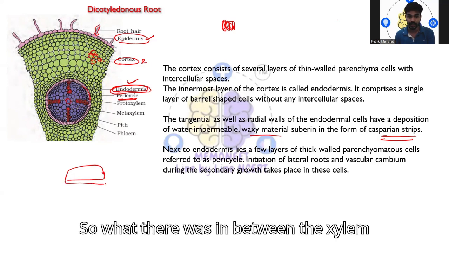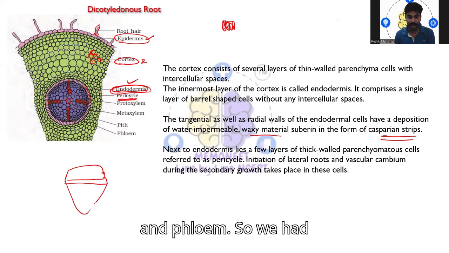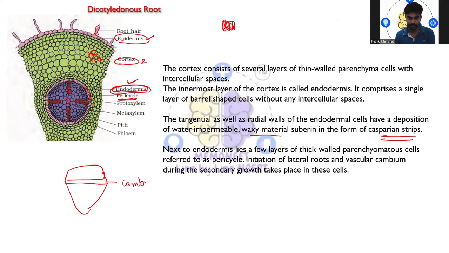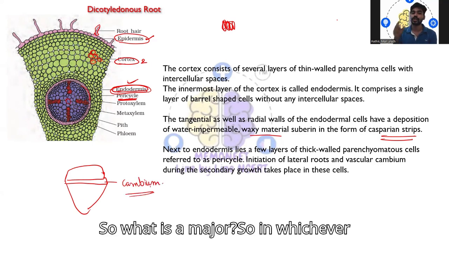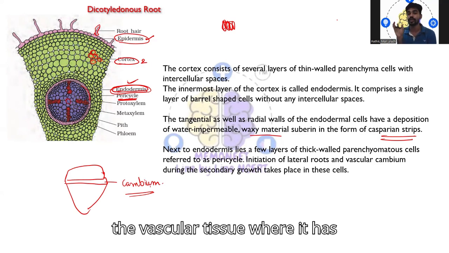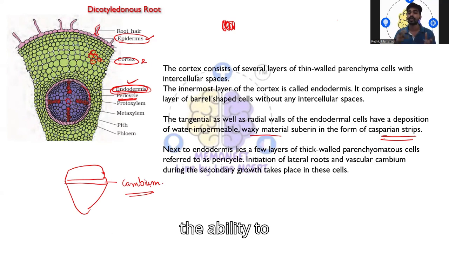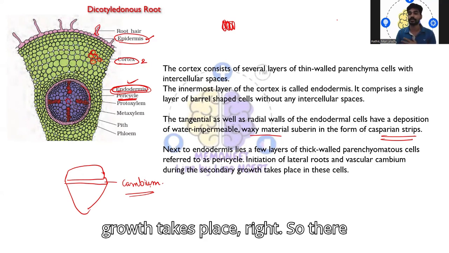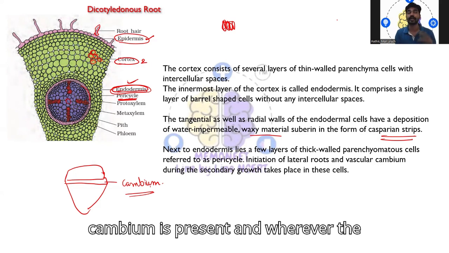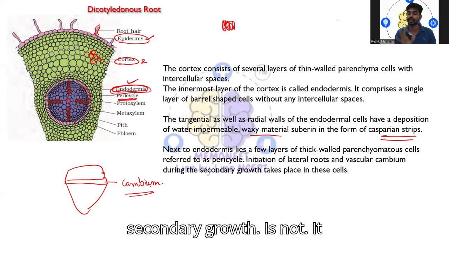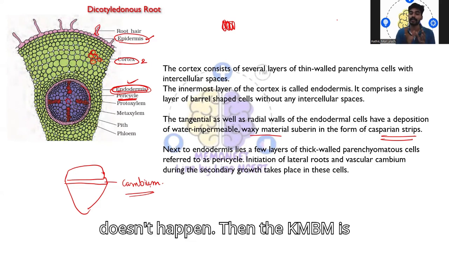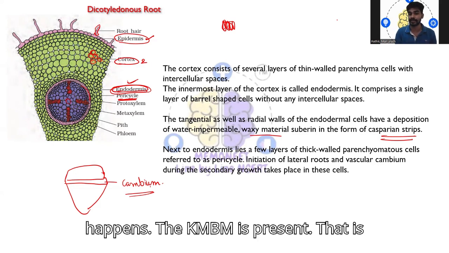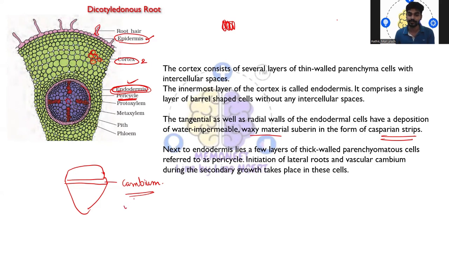In between the xylem and phloem, we had a structure called cambium, right? In whichever vascular tissue has the ability to undergo secondary growth, cambium is present, and wherever secondary growth does not happen, the cambium is absent. So in dicotyledons, the cambium is present. That is what they are trying to say.